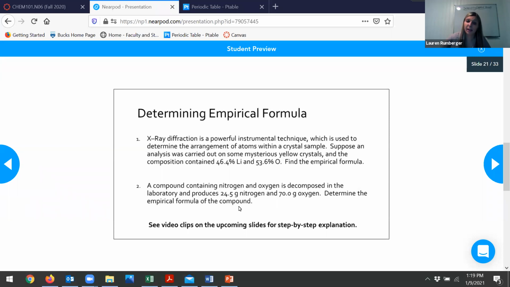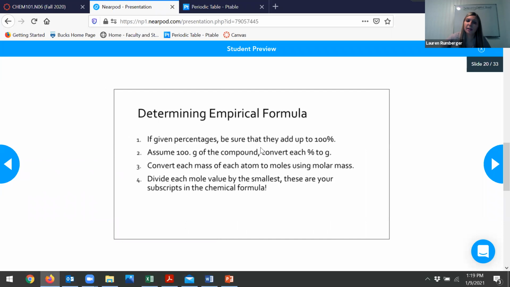It's not mass percent. So remember our steps here said that if you're given percentages, you would assume it's out of 100 grams, and you would convert the percentages to grams. But if you are already given the grams, then you can begin simply with step number 3.